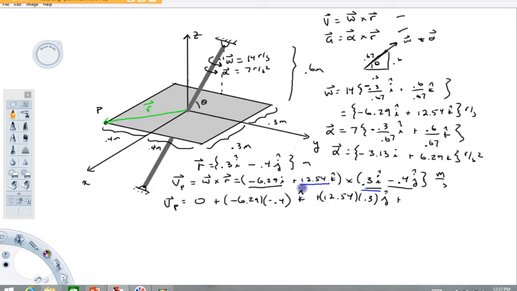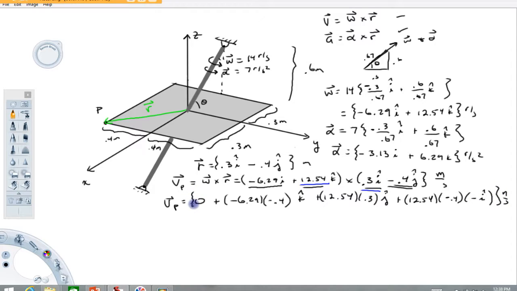Next term, we got this guy and this guy, so that's going to be plus 12.54 times minus 0.4, and our direction is coming from k cross j, which is minus i. And again, our units on that, meter per second.